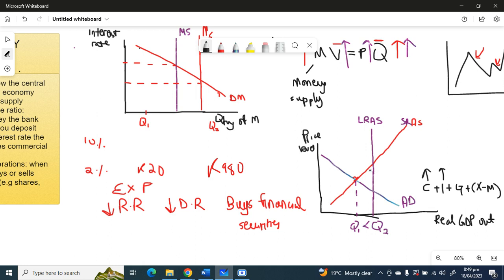Thus, our aggregate demand curve is going to shift and bring us back at equilibrium.